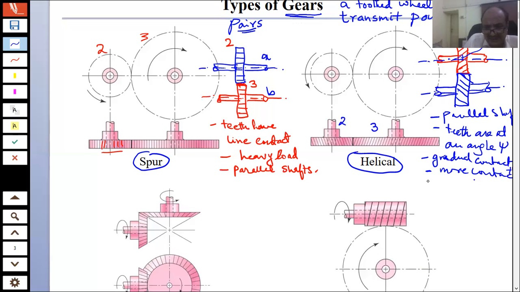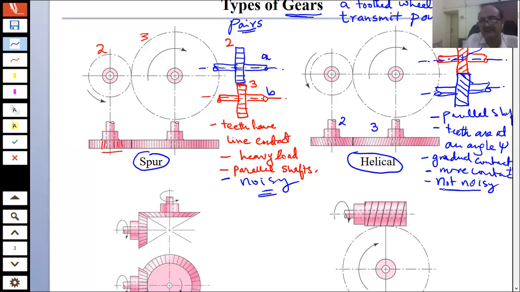And these gears are not as noisy as spur gears. Spur gears are noisy when you operate them, because when two teeth mesh with each other, there is an abrupt or sudden contact between the teeth, and therefore there is going to be some noise.